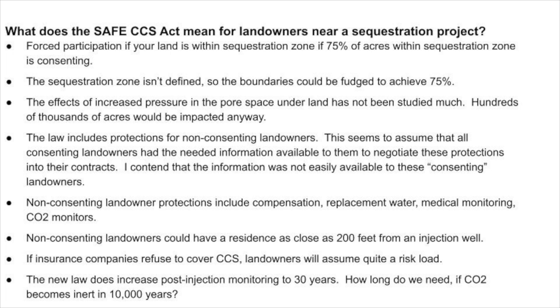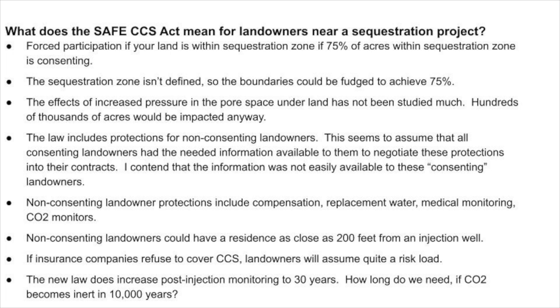And as I said, that zone isn't well defined, so they very well could fudge the boundaries around to get to that 75%. The effects of increased pressure in the pore space under the land have not been studied much, and hundreds of thousands of acres are going to be impacted by this increased pressure alone.